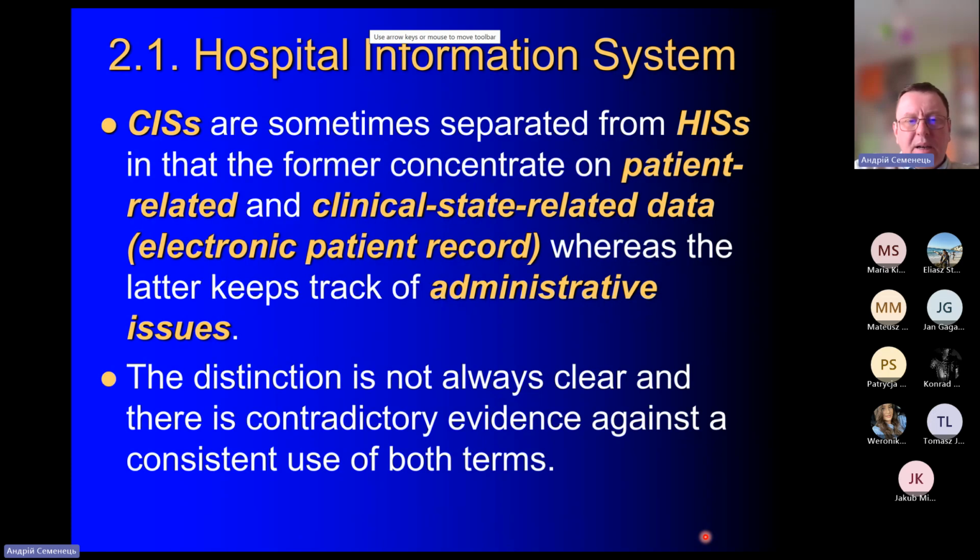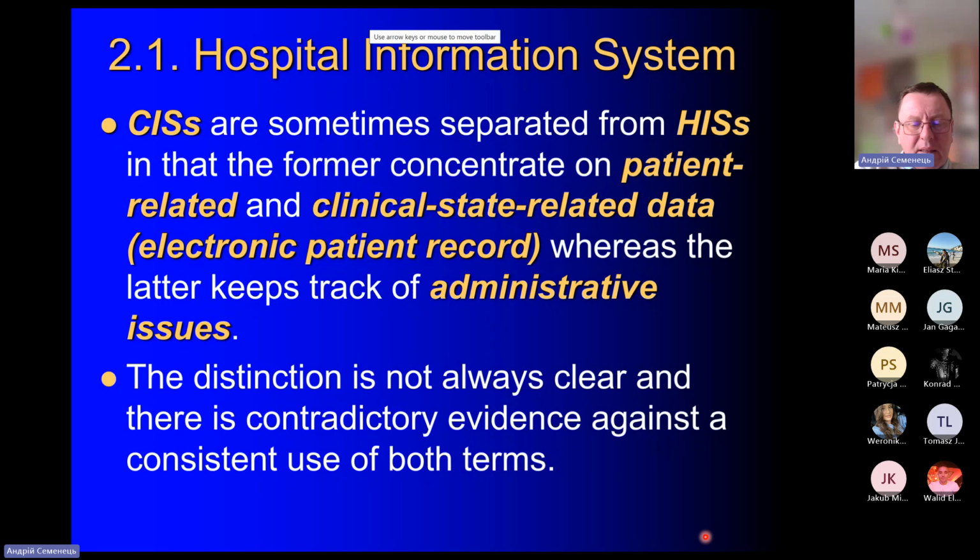Again, speaking of similarity and difference between clinical information systems and hospital information systems. Theoretically, according to some books and definitions, CIS concentrates on patient data management, exactly EMR, whereas HIS might be more concentrated on solving administrative management tasks in the hospital.